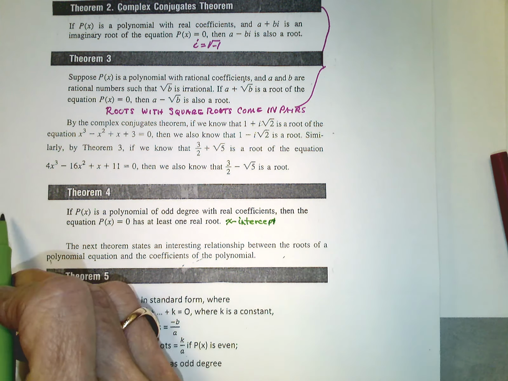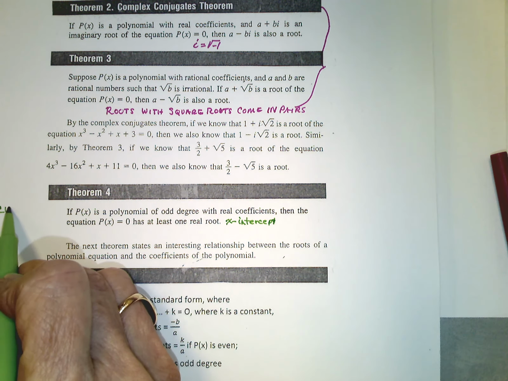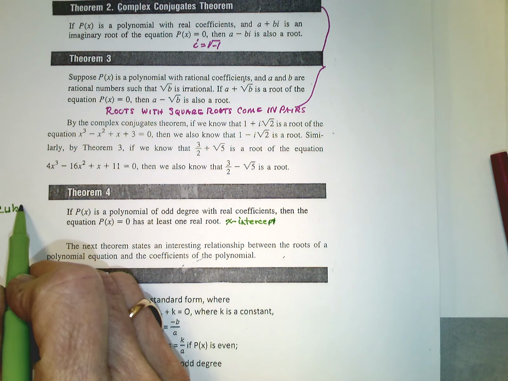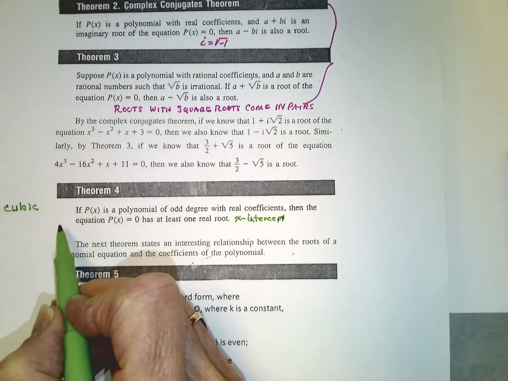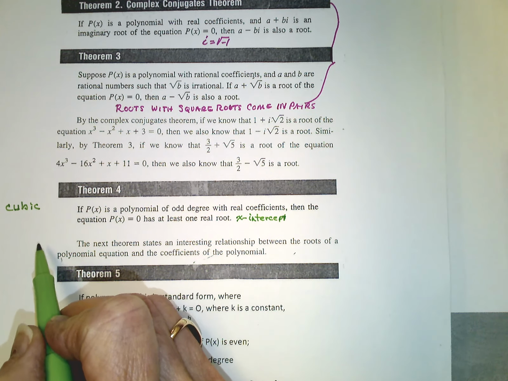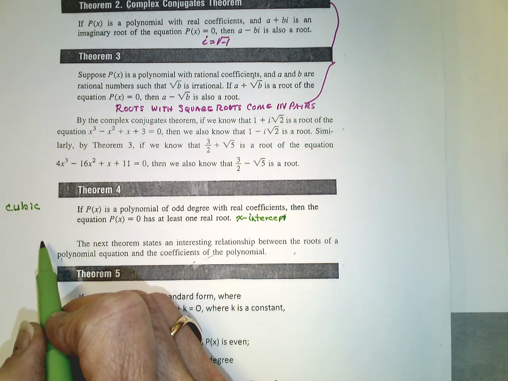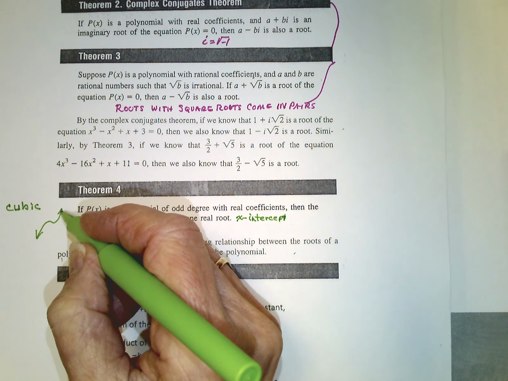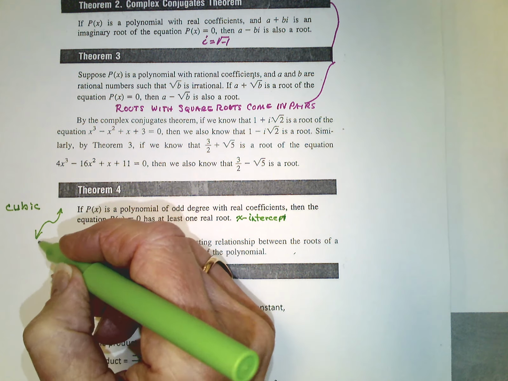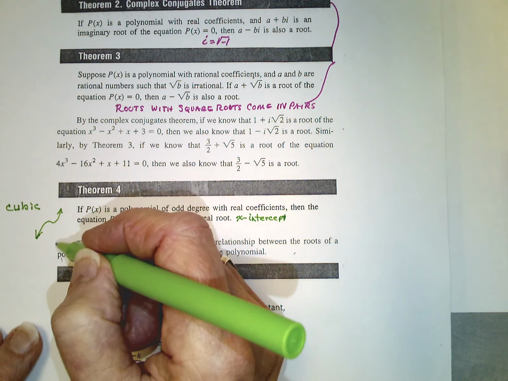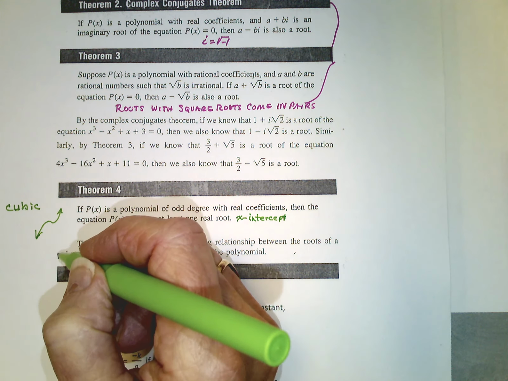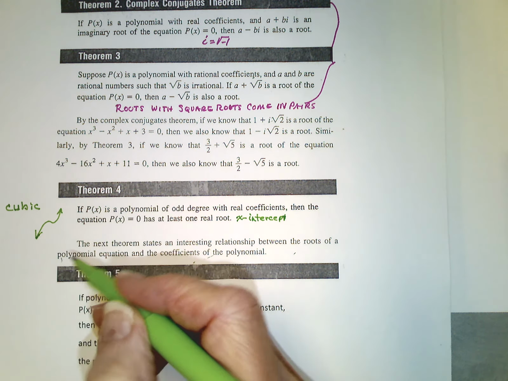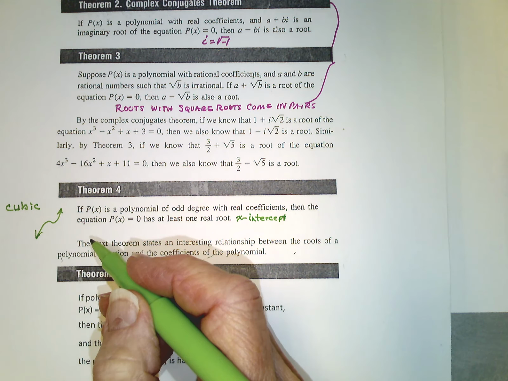So odd degree, like a cubic function. Picture the shape of its graph. Sort of like this. Its end behavior, it's going in opposite directions to infinity. It has to cross the x-axis. It does not have a choice.